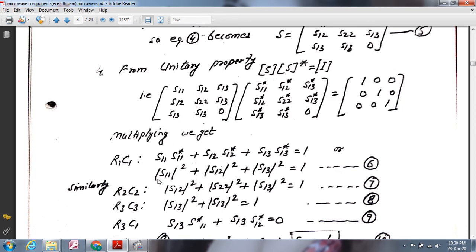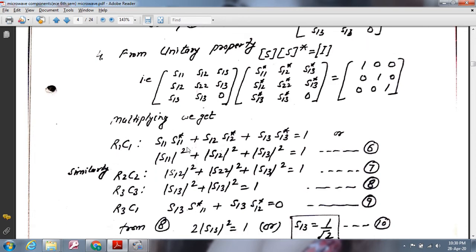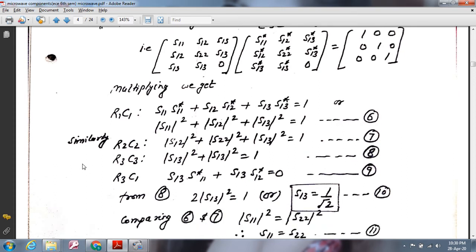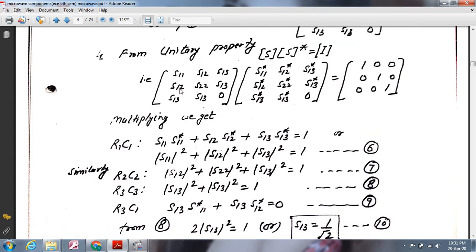Similarly, this can be further written as S11 square plus S12 square plus S13 square equals 1, and this can be termed as equation number 6 here. Similarly, we can get R2 C2. This is R2 and this is C2.